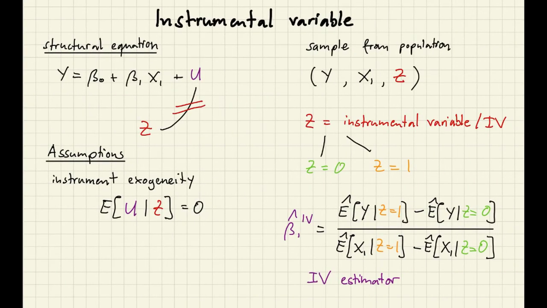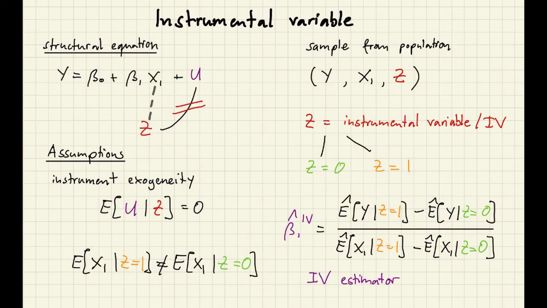Our second assumption says that the expected level of x1 in the subpopulation with z equal 1 is different from the expected level of x1 in the subpopulation with z equal 0. This assumption ensures that different z values have different typical values of x1.